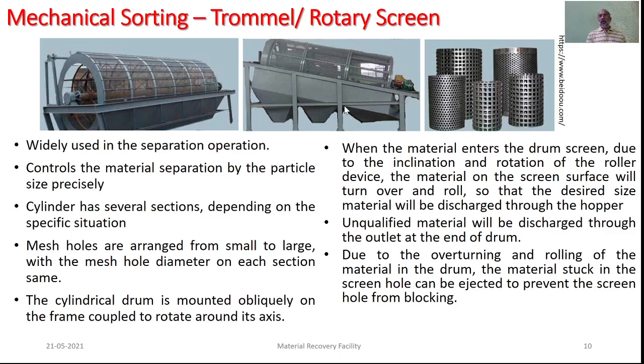Certain unqualified material which cannot pass through the mesh will be discharged through the outlet at the end of the cylindrical drum. Due to the overturning and rolling of the material in the drum, material which is stuck in the screen holes can be ejected to prevent the screen from getting blocked.